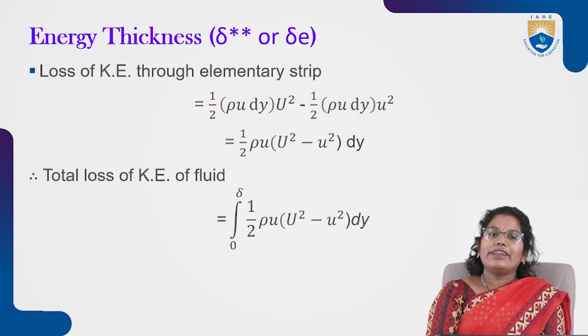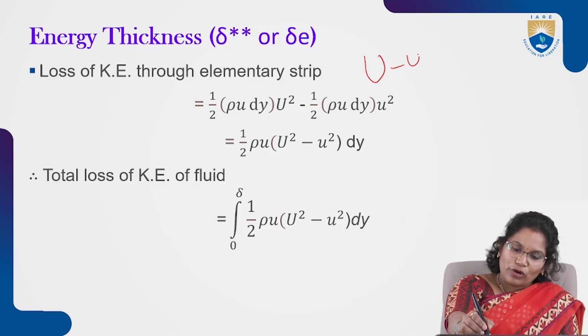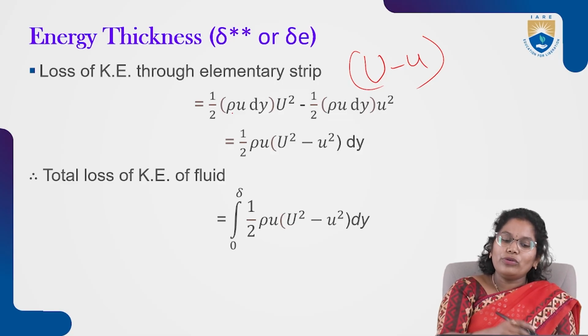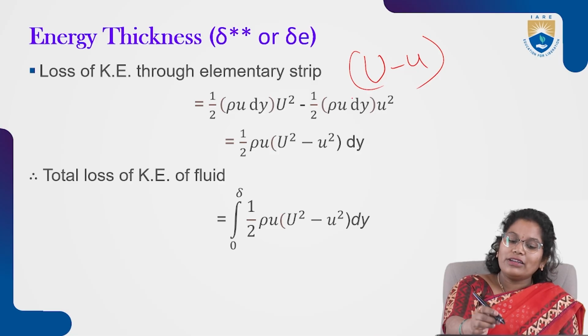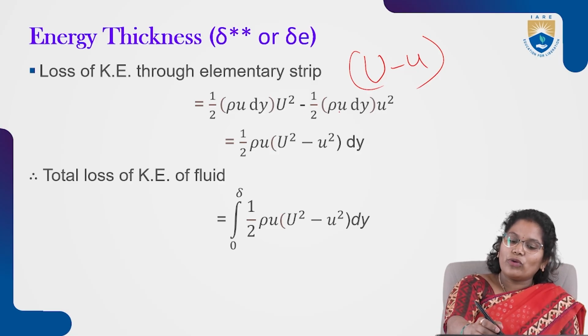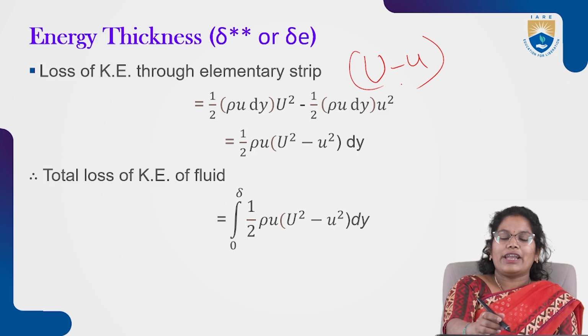So loss of kinetic energy through the elementary strip is capital U minus small u. Before entering it is half rho u dy into capital U square, minus inside the elementary strip, half rho u dy into u square. This is the kinetic energy loss.